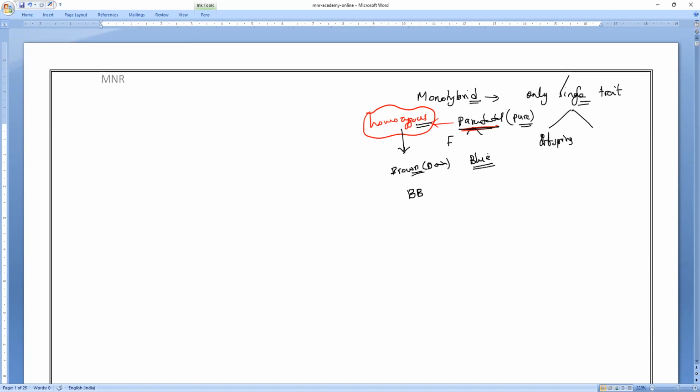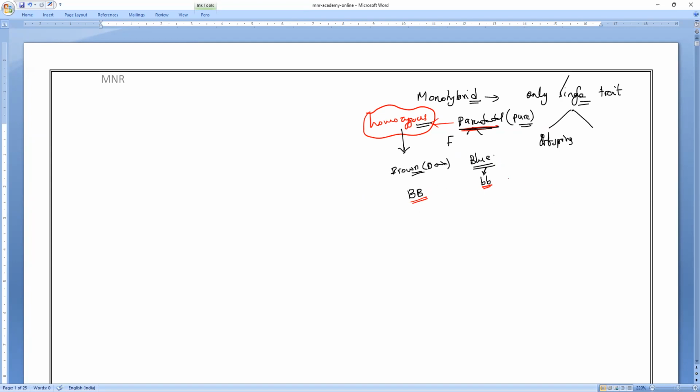Then the blue eyes parents will be called recessive, and they have small b small b. Each trait is represented with a pair of genes, always. So that is what you have to remember.